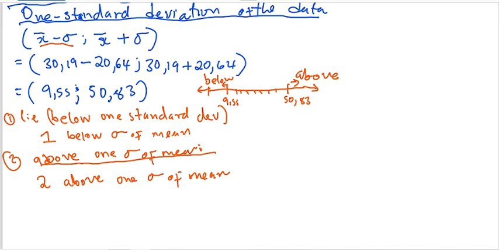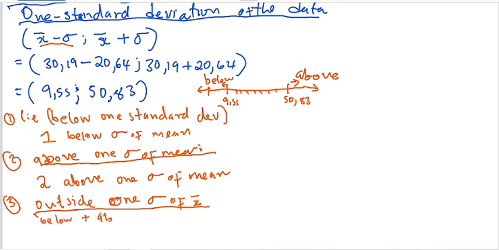And then number 3, they can say outside one standard deviation of the mean. If they say outside, now outside is below plus above. If we count the below, we only found 1, above we found 2.